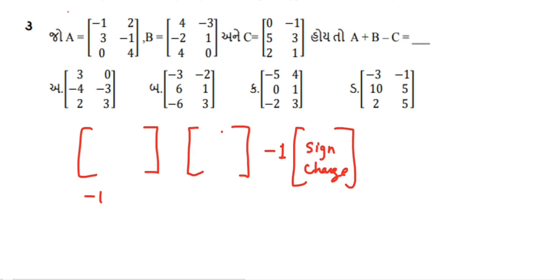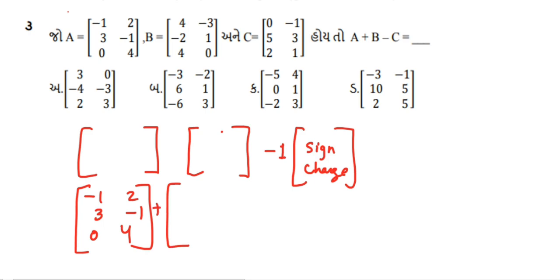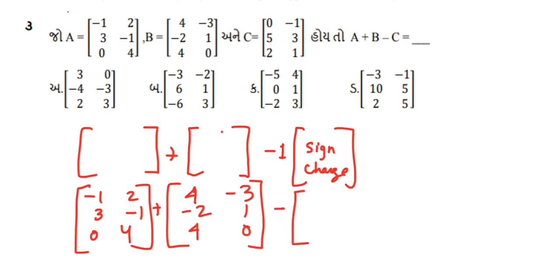A is -1, 2, 3, -1, 0 and 4, right? This is A, and B will be the same: 4, -3, -2, 1, 4 and 0. And for C, we have to put a plus sign and change all the signs, which means you have multiplied -1 with the C matrix.